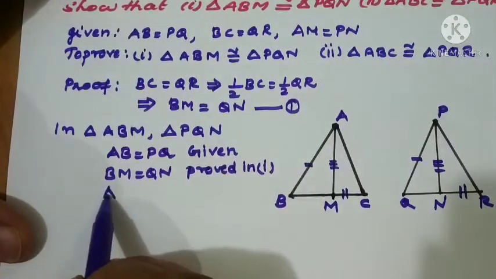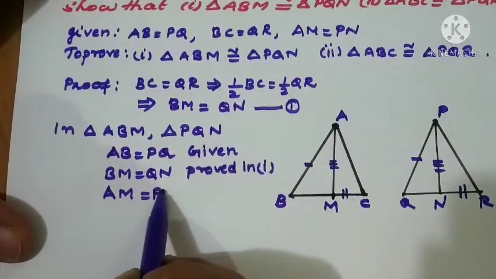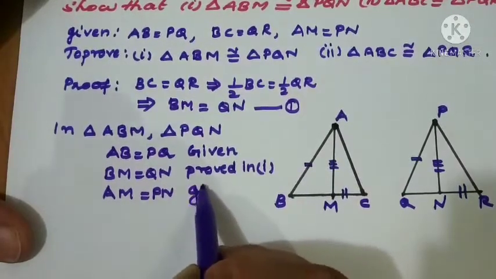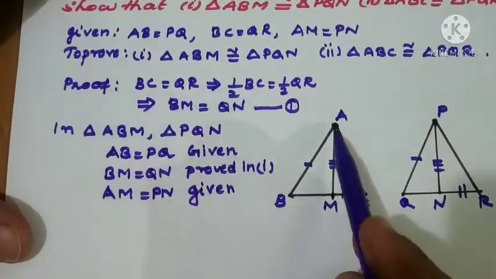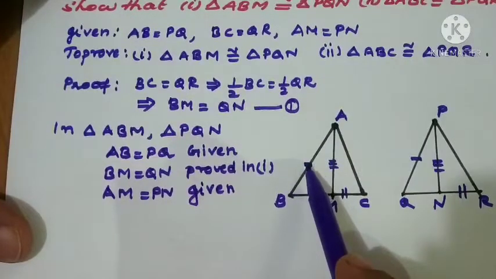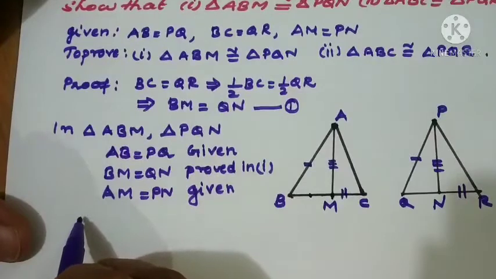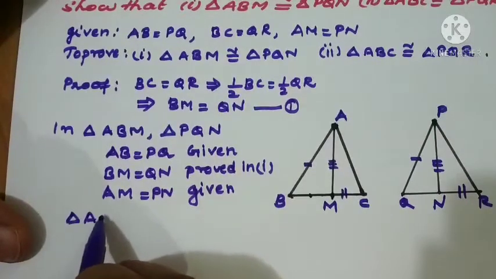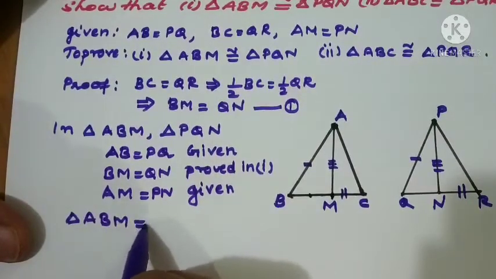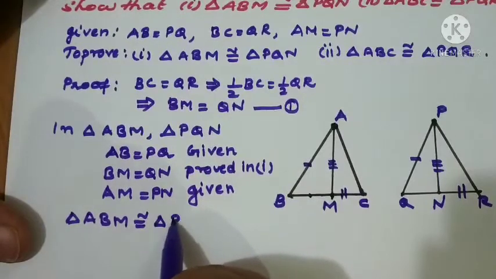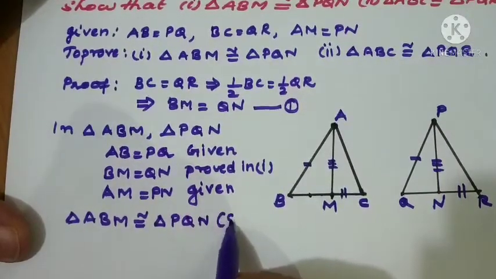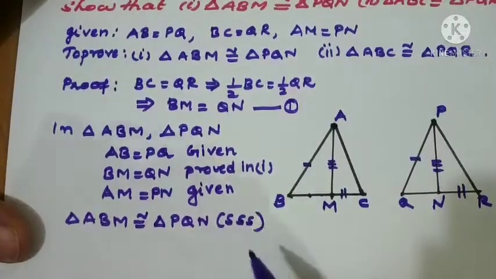Next, AM equal to PN, that is also given. So just see the triangle ABM, first side, second side and third side. All the 3 sides we got here. So we can write, triangle ABM congruent to triangle PQN by SSS criteria.